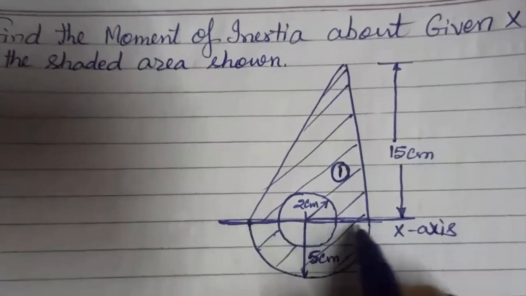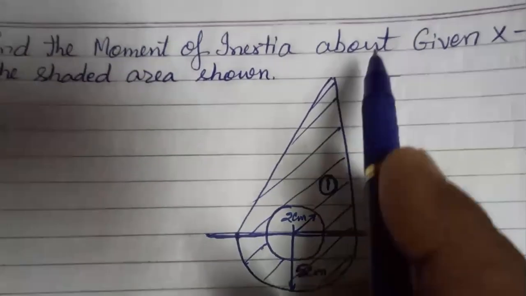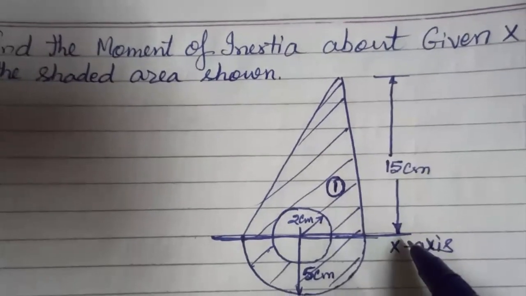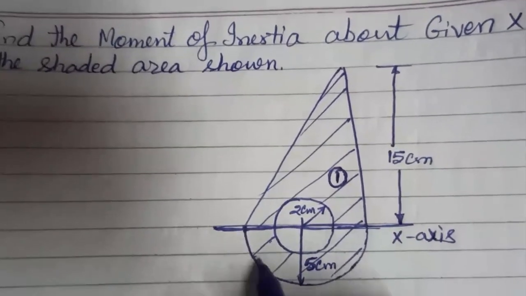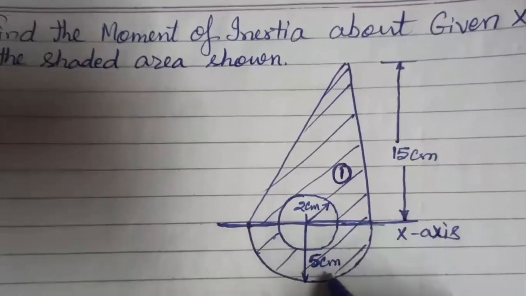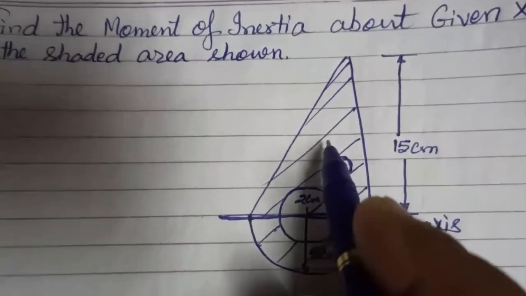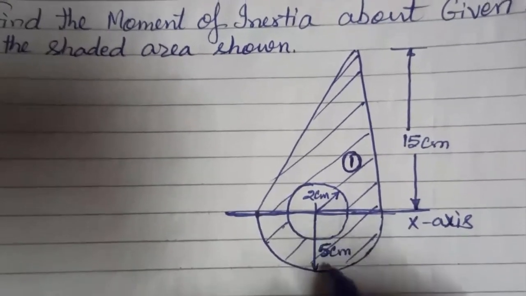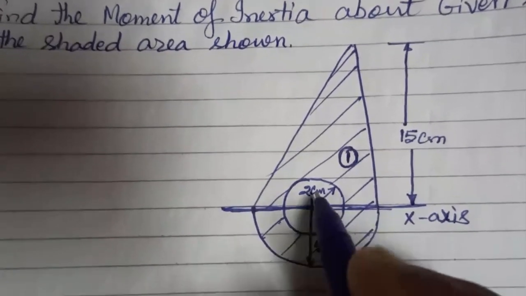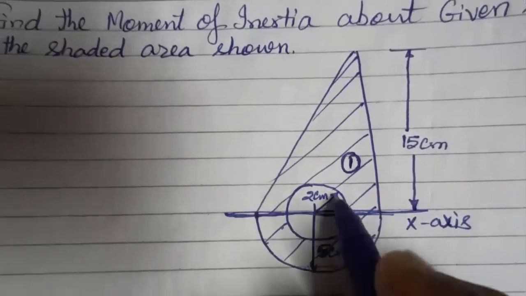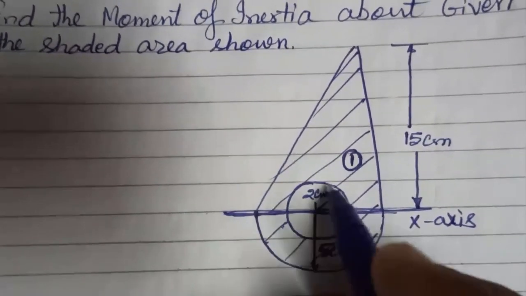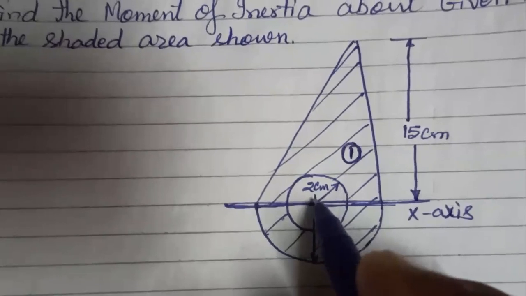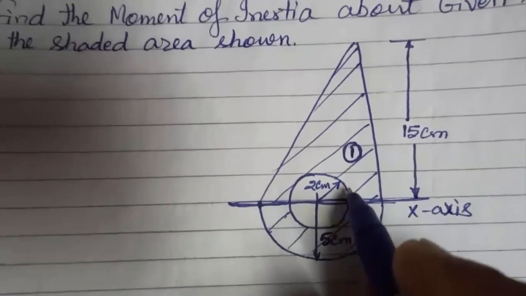The height of the triangle is 15 centimeter. The semicircle, which is added to this triangle, has a radius of 5 centimeter. And this whole circle, which is deducted from the figure, has a radius of 2 centimeter.